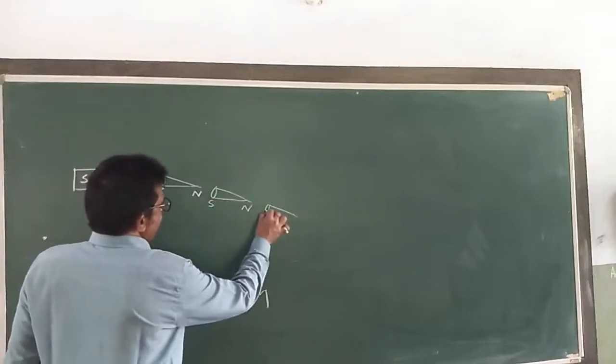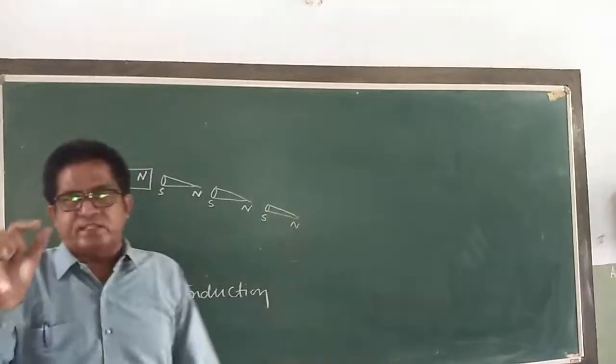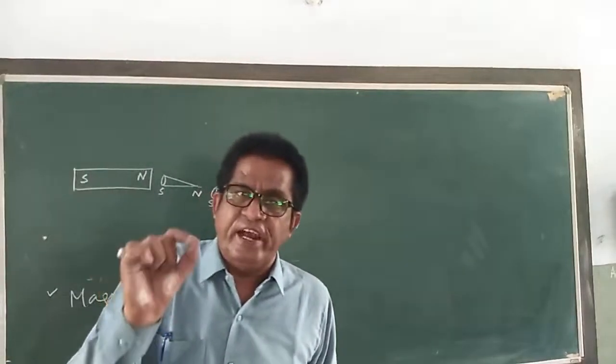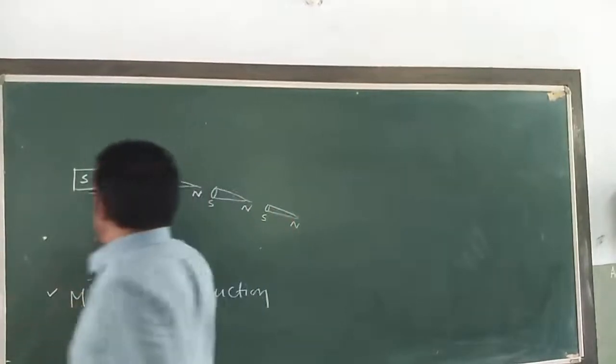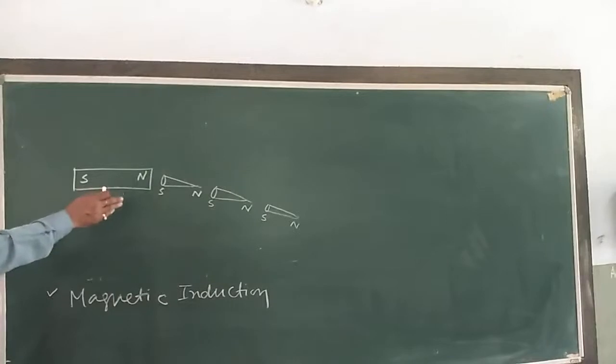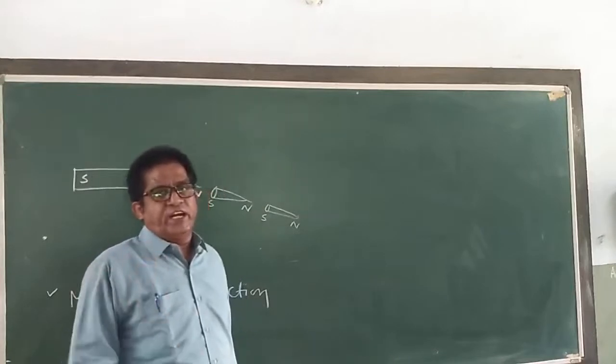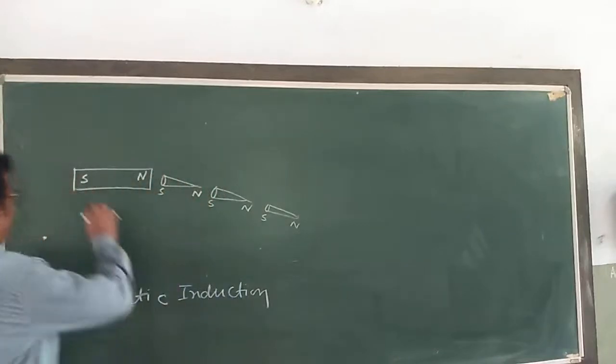Like this. You can do this activity at home also. Take a few pins and a magnet. Then due to induction, we are getting the opposite pole here. So by inducing opposite pole in a magnetic material on the side facing, this is called magnetic induction.